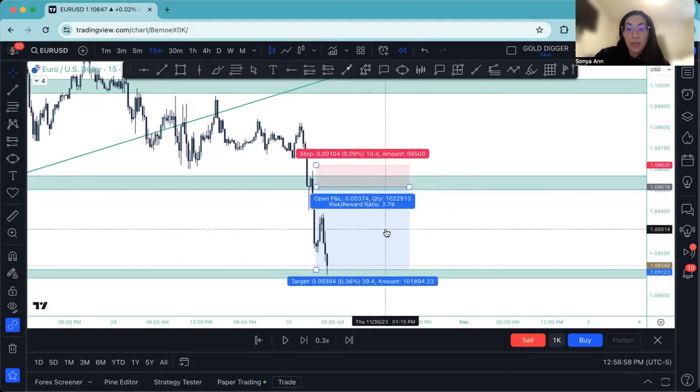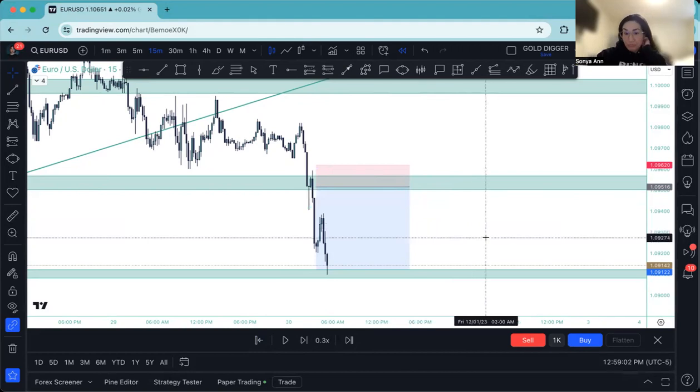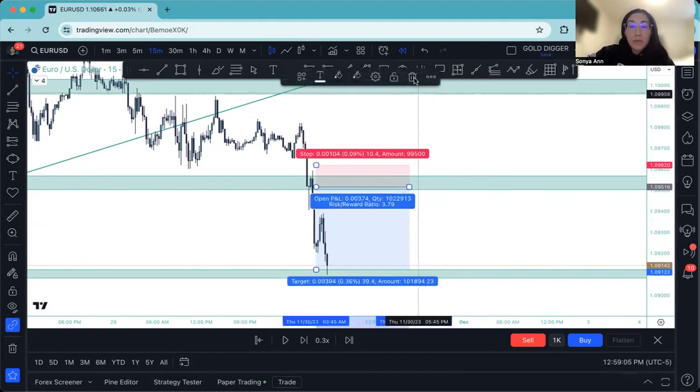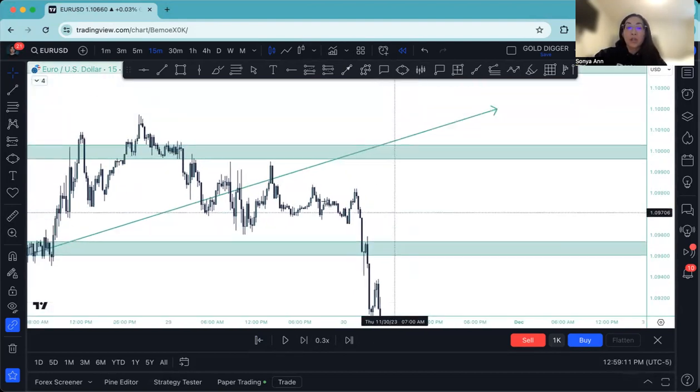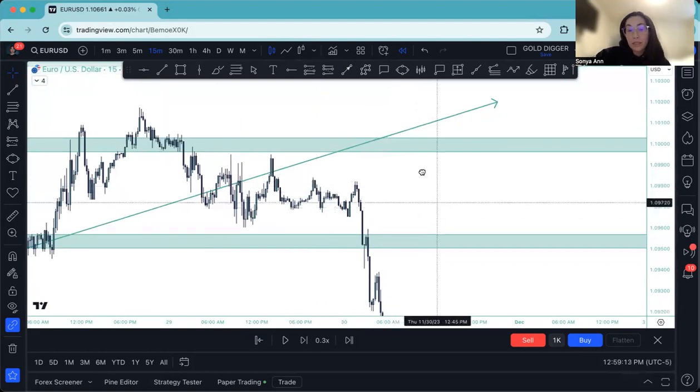There you go. That's your 1 to 3, 1 to 4 actually. So that is break and retest. You can do it off of the zones, support and resistance areas, or you can do it off of the trend lines.